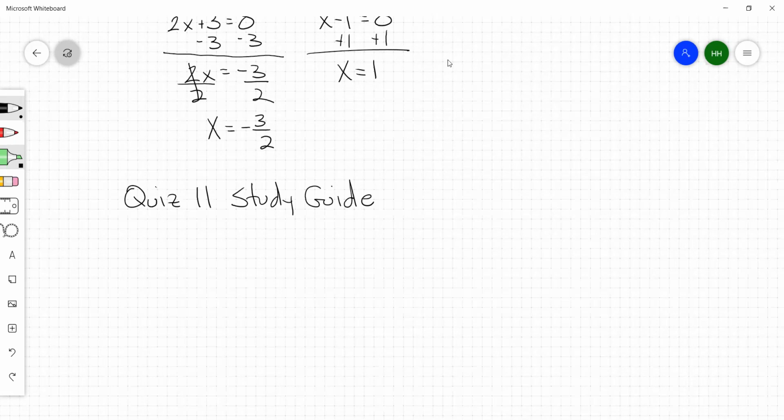Which was writing polynomials in standard form and make sure that you can classify by degree and number of terms. The second thing we did was we determined the end behavior of polynomial functions. So make sure you can do that and you know how to do that. All right. And then any of these problems that I assigned today. So today is going to be page 293.